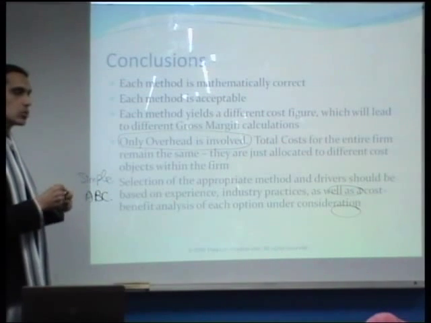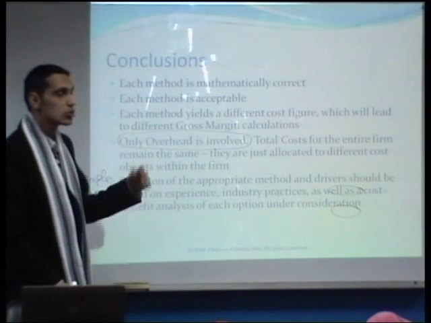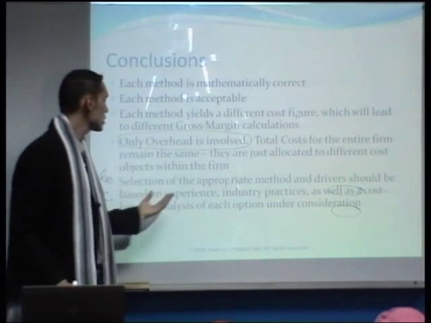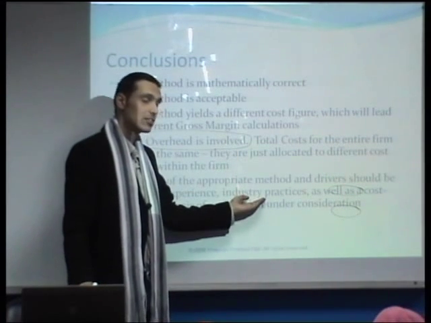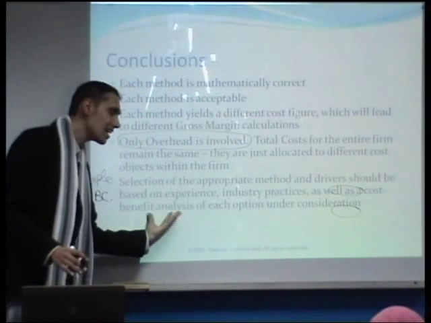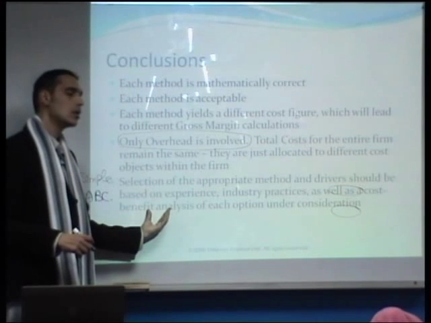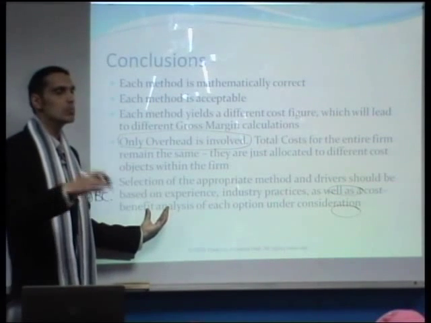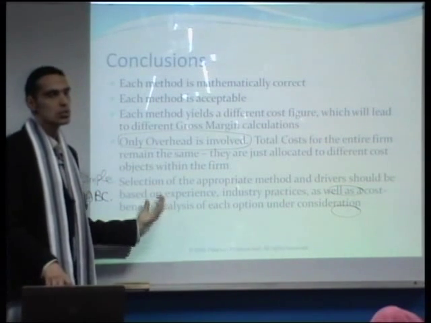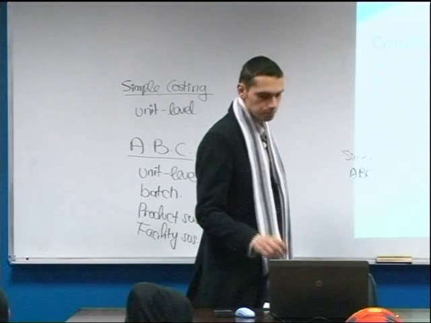We need to choose, as we said in Cost Accounting 1, the cost allocation base according to our experiences, according to the industry practices, and of course according to the cost-benefit analysis, which is one of the most important factors that need to be considered in choosing our cost allocation basis. Any questions?